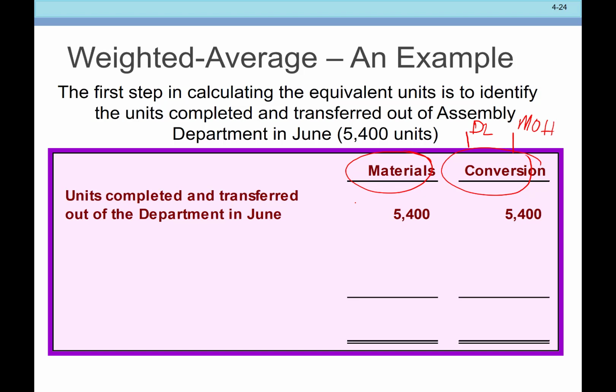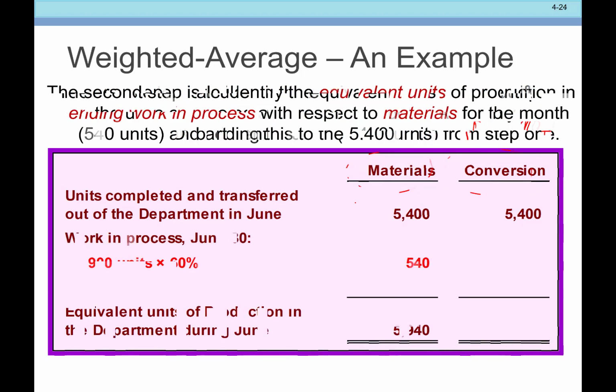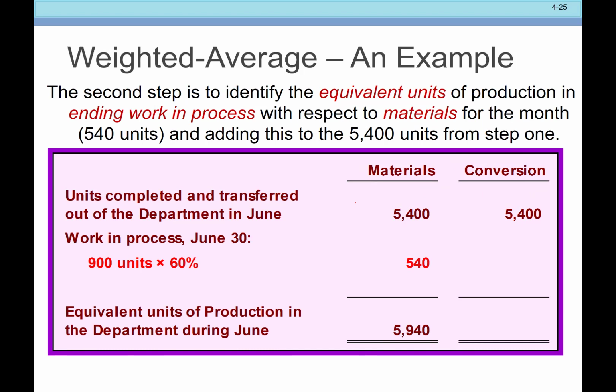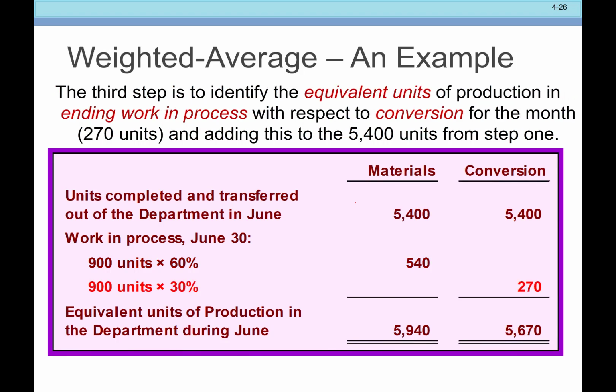Even though some of it was done last period, we saw those percentages that I crossed out. We give ourselves credit for the entire 5,400, and then we just have to get the equivalent units for the ending inventory. There were 900 units in ending inventory. They told us 60% complete as to materials, and 30% complete as to conversion costs.